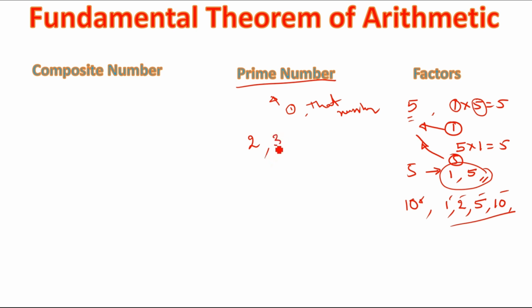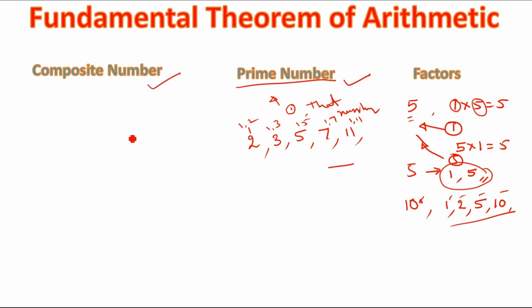So 2 is a prime number, 3 is a prime number, 5 is a prime number, 7 is a prime number, 11 is a prime number. The factors of 2 are 1 and 2, of 3 are 1 and 3, of 5 are 1 and 5, of 7 are 1 and 7, and of 11 are 1 and 11. There are no other factors for these numbers, so those are called prime numbers.